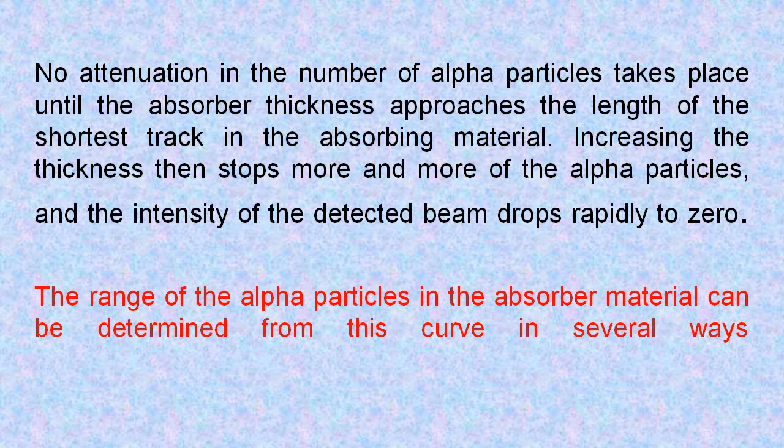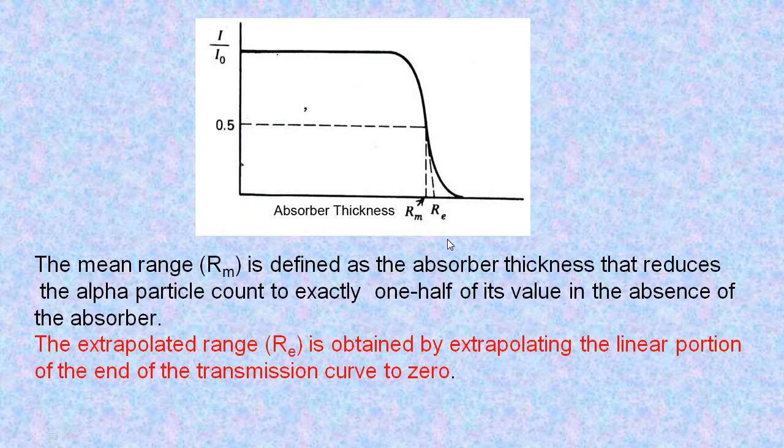The range of the alpha particles in the absorber material can be determined from this curve in several ways. The mean range, Rm, is defined as the absorber thickness that reduces the alpha particle count to exactly 1/2 of its value in the absence of the absorber.